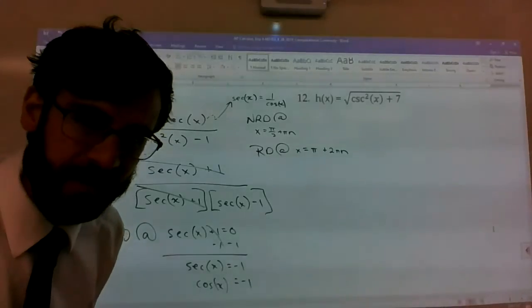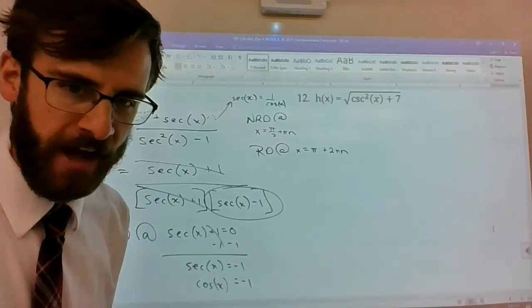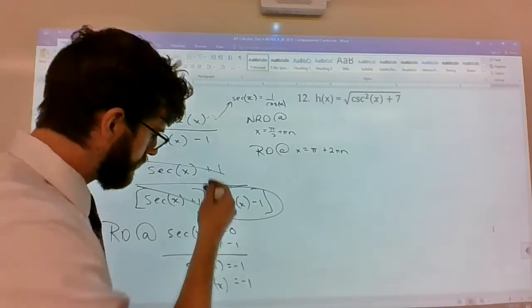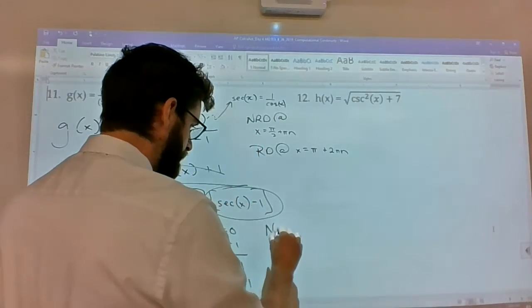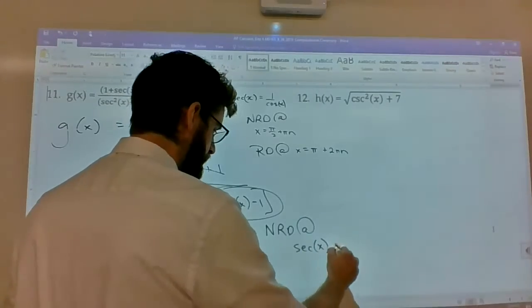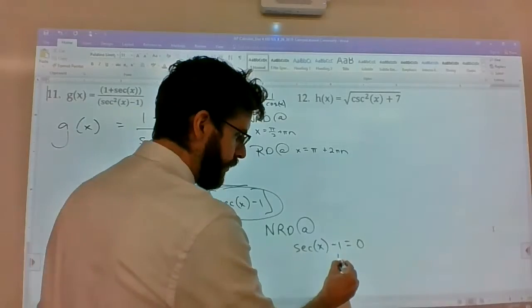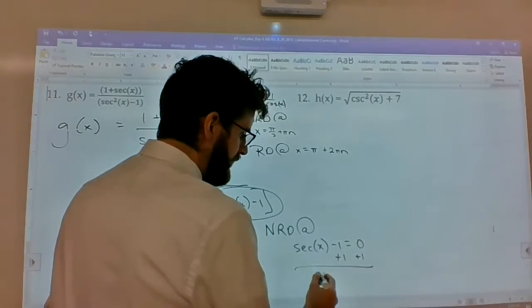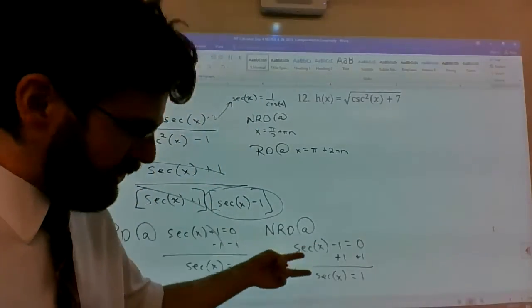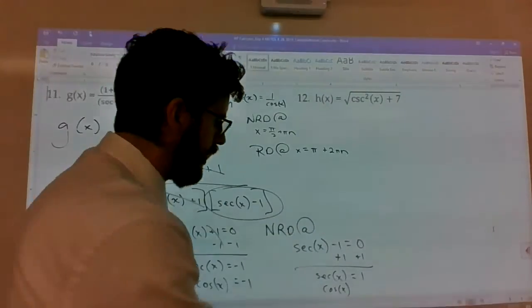And we're still not done because this is still existing on the bottom part of the fraction. It's a non-removable discontinuity because it was not canceled out. Which we can add it to both sides, the 1. And do that same move, you know, it's like, hey, if I flip secant, I get cosine. If I flip 1, I still have 1.